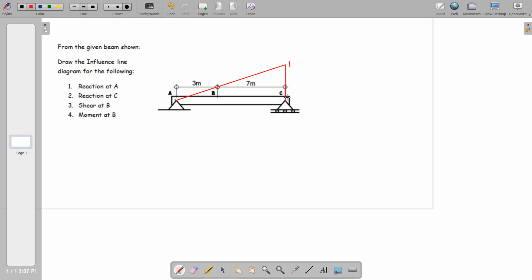So this is the ILD for the reaction at C.